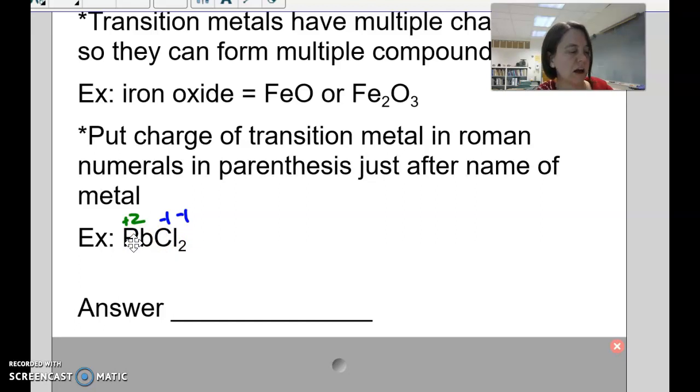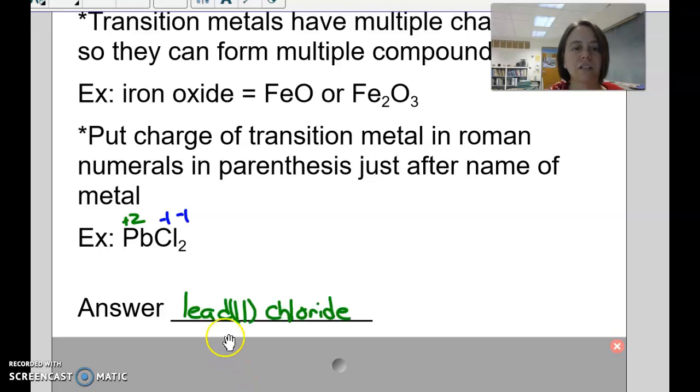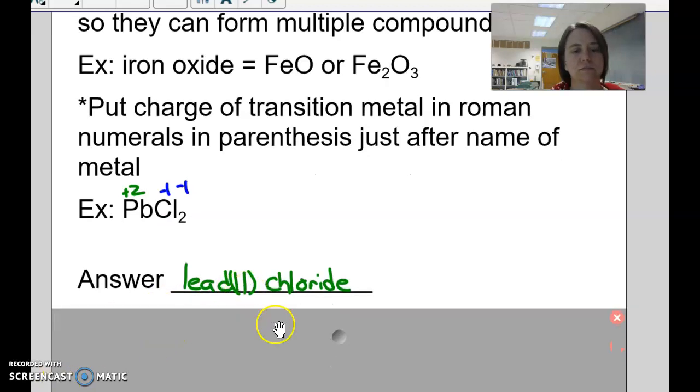I look at my periodic table, and 2 is a common oxidation state for lead, so that's great. So now I'm going to put a Roman numeral in parentheses right after the name of lead. And it looks like this, lead(II) chloride. So just remember, this 2 is the charge of lead. It's not how many there are, it is the charge.